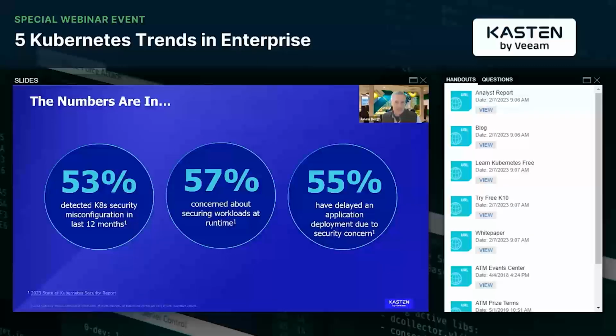Right. So some of these stats here around security. Matt, you want to take this one? Yeah. Just to put some numbers on it. This is from the latest state of Kubernetes security report. The majority of organizations are concerned about securing workloads at runtime, which makes sense. Unfortunately, that same majority of organizations have found misconfigurations in their applications.